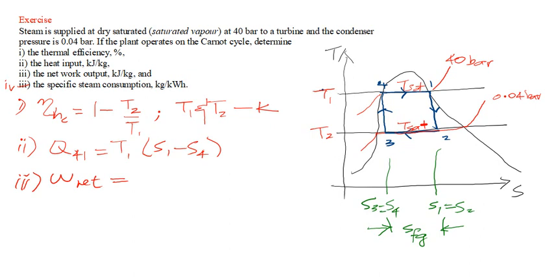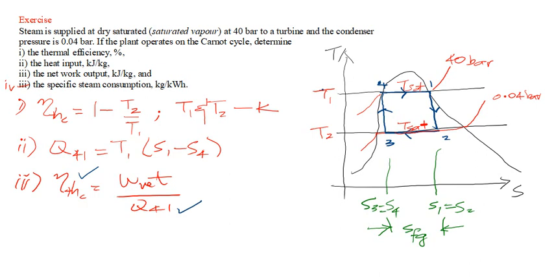Let me put that in the fundamental equation first, so we can see clearly. The thermal efficiency for the Carnot cycle is equal to W net divided by Q in. The Q in right here is Q41. So we have solved the thermal efficiency in part 1 and the Q in part 2.